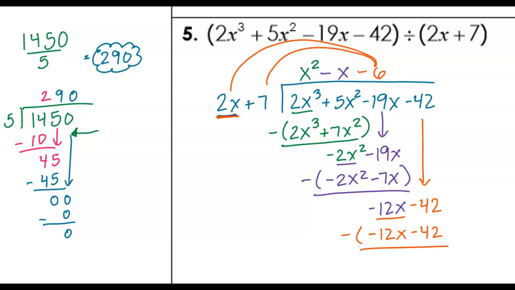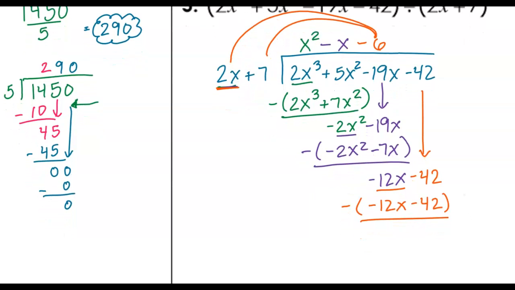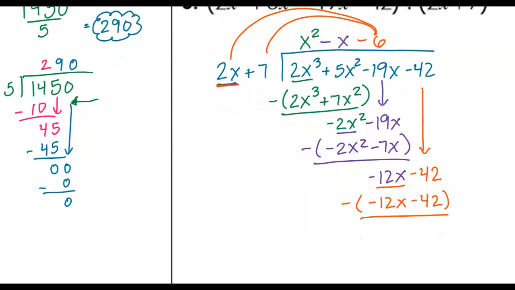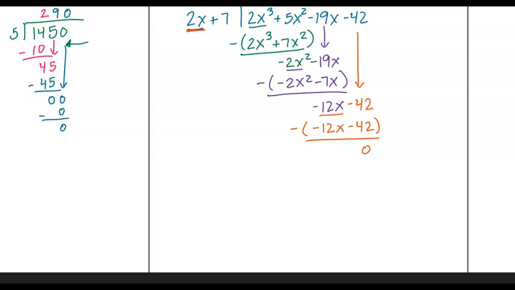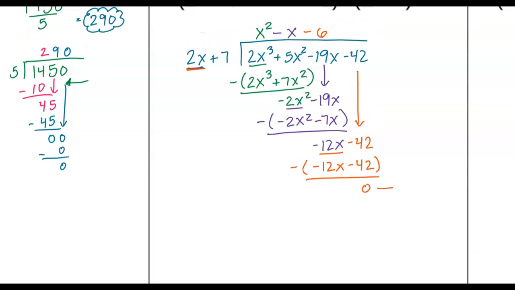And then we subtract everything. So we have negative 12x minus negative 12x cancels to 0. And negative 42 minus negative 42 also cancels to 0. And there is nothing else to bring down, so this would be my remainder, but it's a 0, so I don't have a remainder.